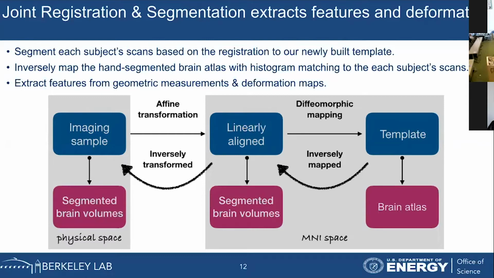South of Oregon and Washington. And that's the same thing if you look at the brain atlas. If we register all the images from the physical space to this MRI space through the affine transformation and the diffeomorphic mapping, eventually we could map all the brain atlas back to their physical space by doing the inverse mapping we obtained from the registration process.